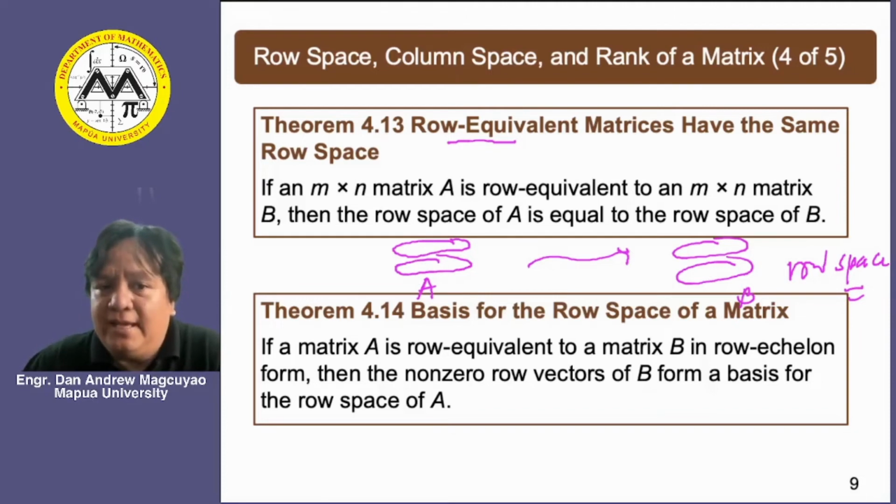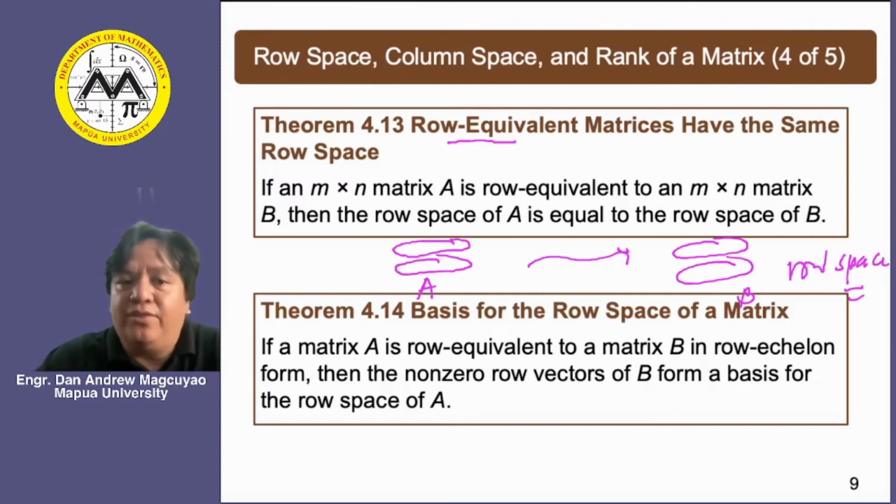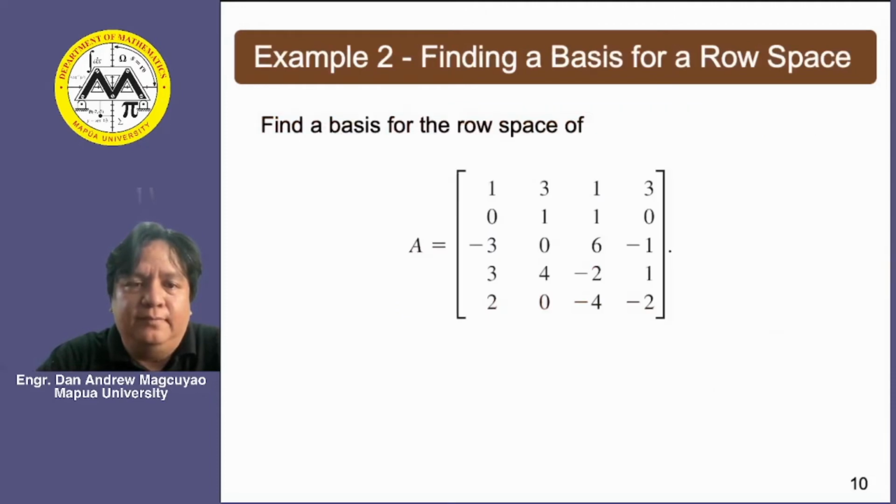If a matrix A is row equivalent to a matrix B in row echelon form, then the non-zero row vectors of B form a basis for the row space of A. So we are going to find the row equivalent, and the non-zero rows of the row equivalent form a basis for the row space of A.